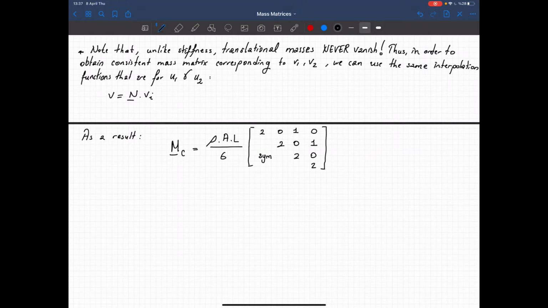That will be the consistent mass matrix for a truss element, and here the displacement vector is defined as U1, V1, U2 and V2. Here we have stiffness for the U1 and U2 directions, but zero stiffness for V1 and V2, but we should have all masses for these two translational degrees of freedom.